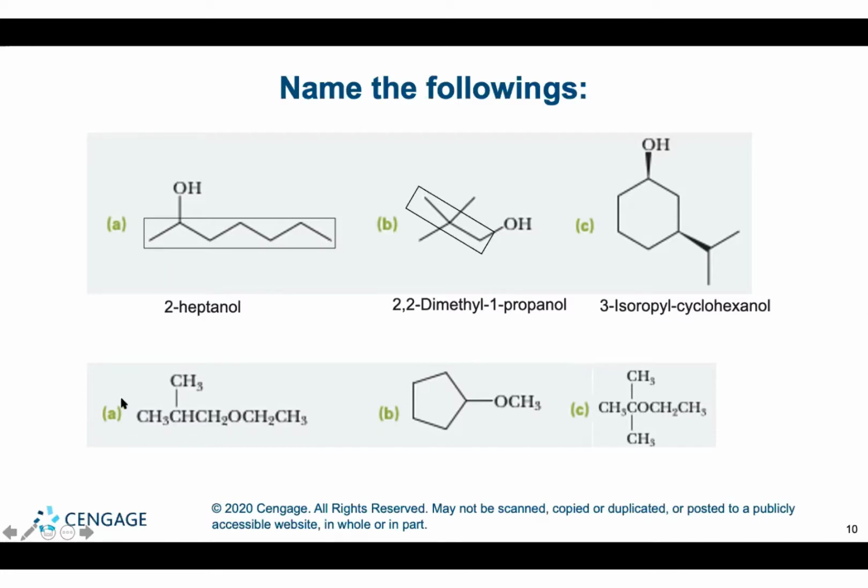The root name is the one that has more carbons on it. Here I have 3 carbons in the root, which is on the right side of the oxygen. On the left side, I have only 2 carbons.